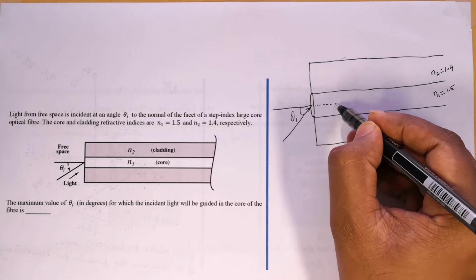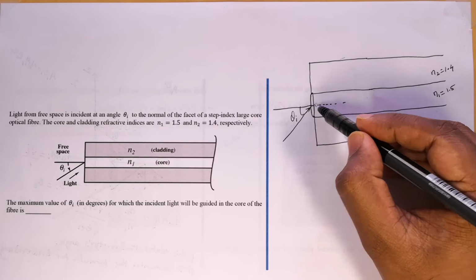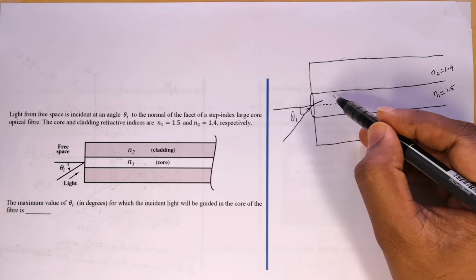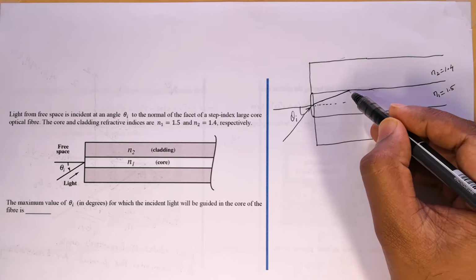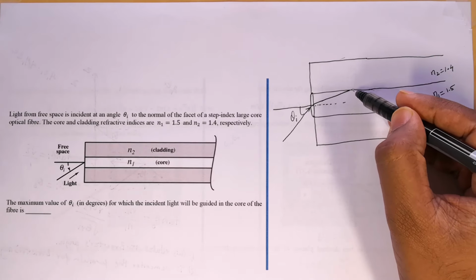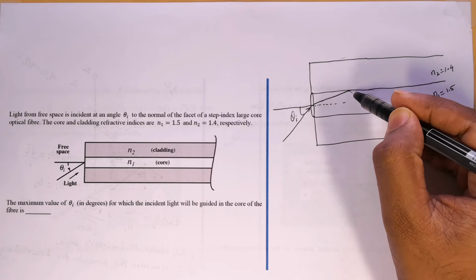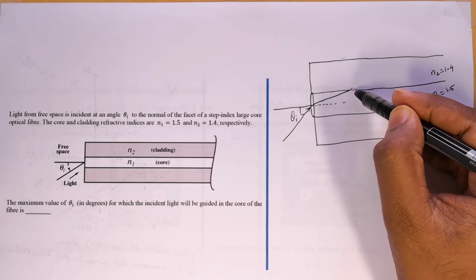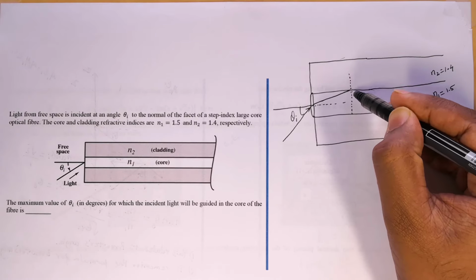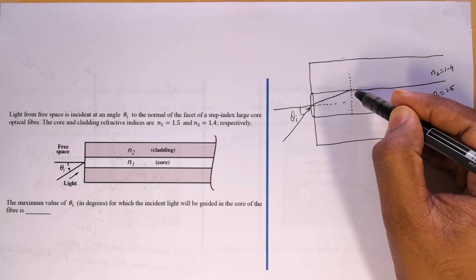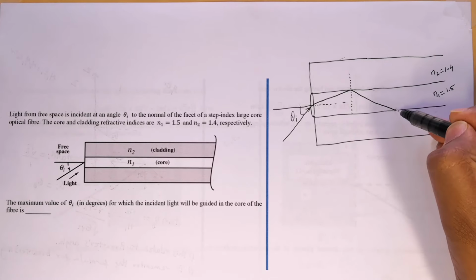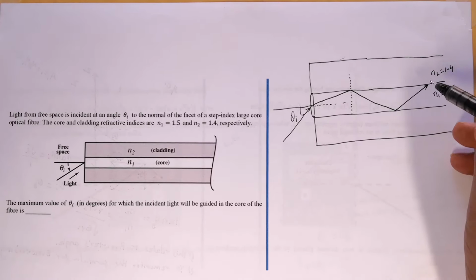If this is the normal, the light coming here is refracted due to this glass, then it goes like this and hits the interface between the core and the cladding. In order to be guided, this light has to reflect from this surface. For that reflection to happen, this angle should be greater than the critical angle, then only it will be reflected again. That's how the guidance principle works in optical fiber.